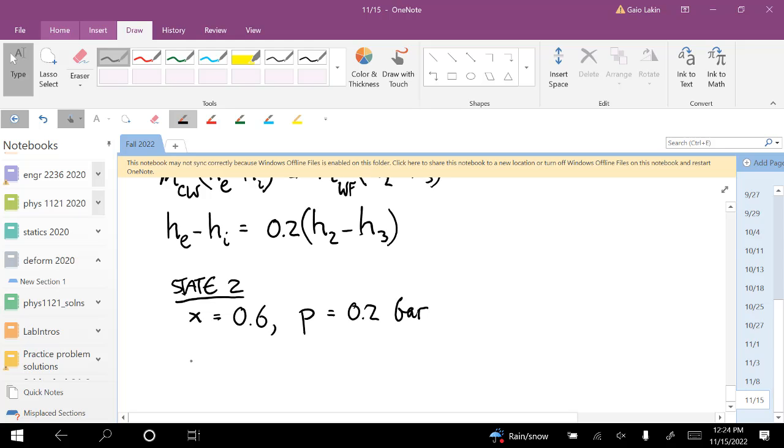So H2 is 0.6 times the enthalpy of a saturated vapor at 0.2 bar, which if you look it up is 2609.7 times 10 to the third.